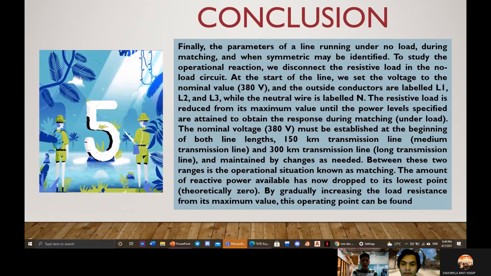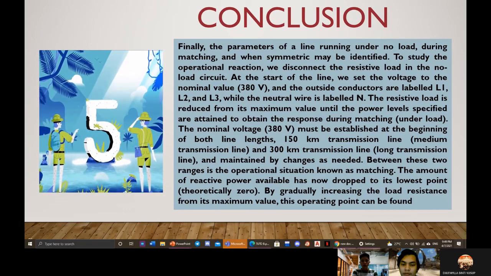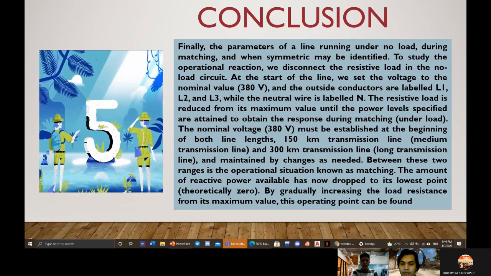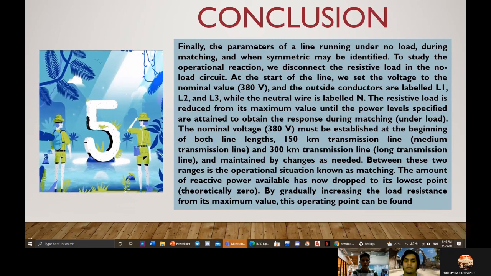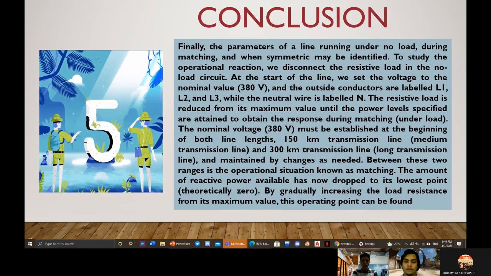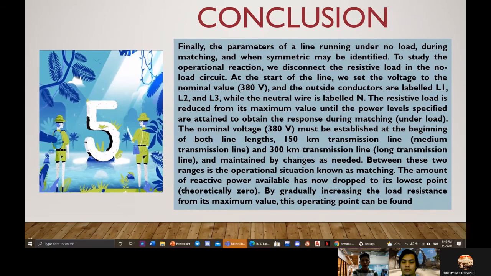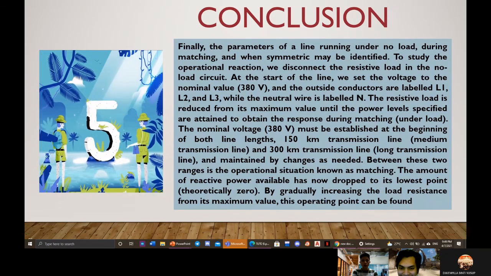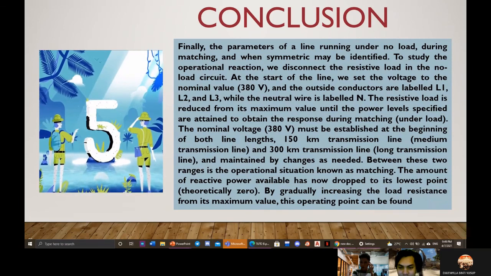Between these two ranges is the operational situation known as matching. The amount of reactive power available has now dropped to its lowest point, theoretically zero. By gradually increasing the load resistance from its maximum value, this operating point can be found.